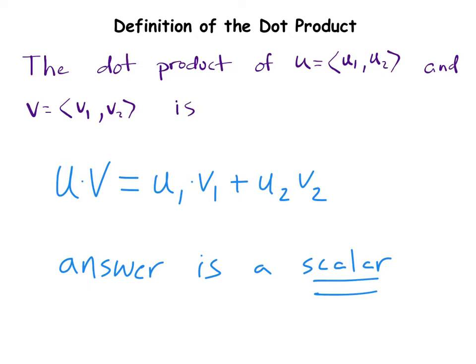Remember, that's in kind of the world of vectors, that's just a constant or a number, right? We saw that when it takes that name, a scalar, because when you multiply a vector by a scalar, it changes the magnitude. It's almost like a scale factor, which is why it gets referred to as a scalar. But the big thing here, when you take the dot product of two vectors, you don't get another vector, you just get a number.